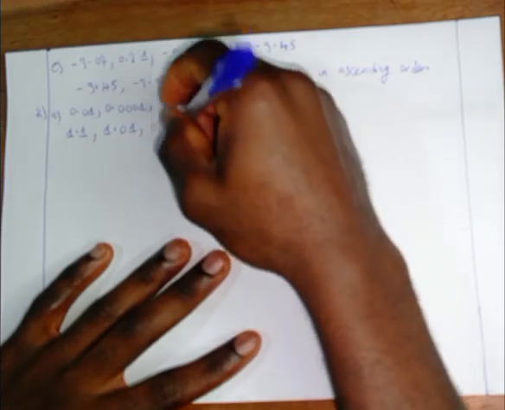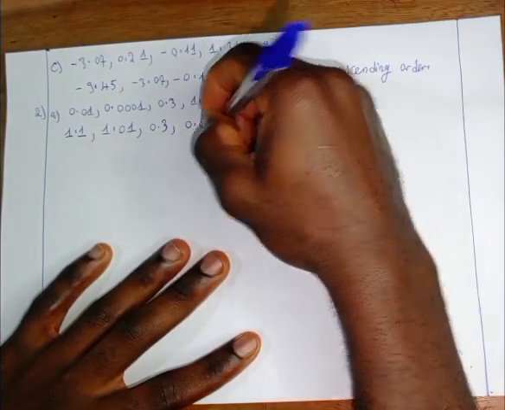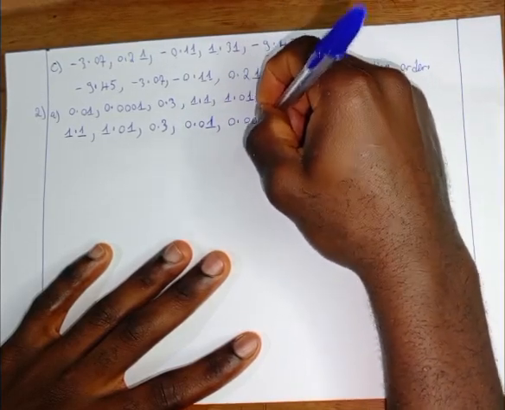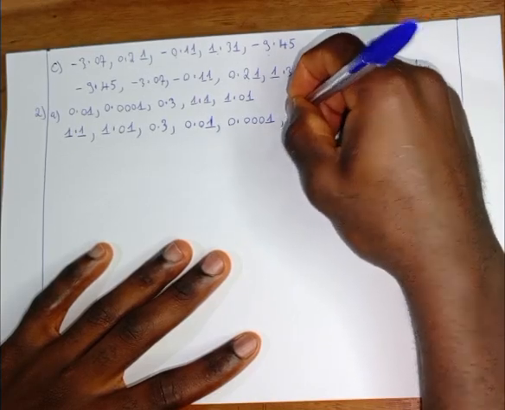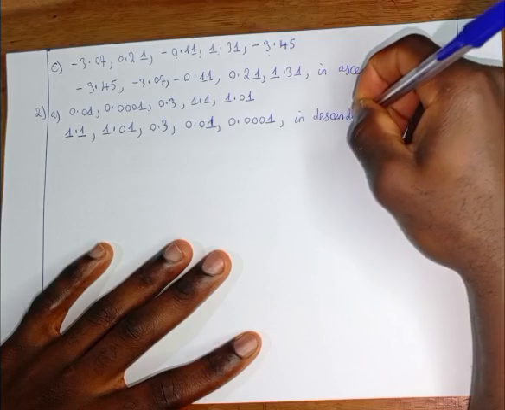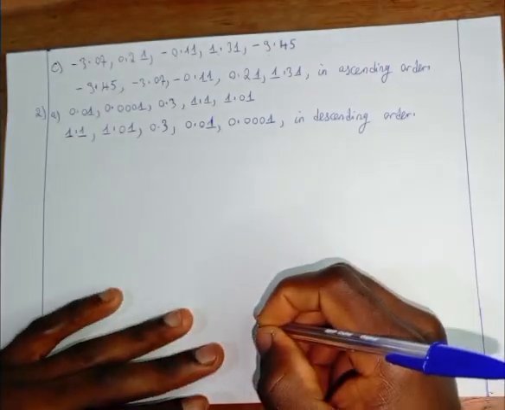We know 1 is greater than 0. The next will be 0.01. And lastly, 0.0001 is the smallest in descending order. That means from the biggest to the smallest.